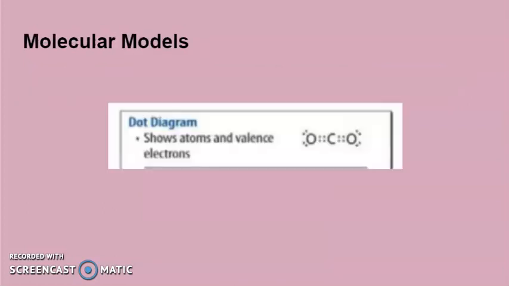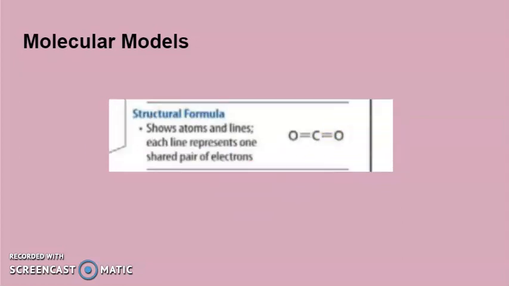Now, a couple examples of molecular models that your book gives us. The first one, which we actually practiced in class, is the electron dot diagram. This type of diagram shows the atoms and their valence electrons. So the atoms, oxygen and carbon, as well as their valence electrons. And as you can see here, there are double bonds. Another example of a molecular model that your book shows us is the structural formula.